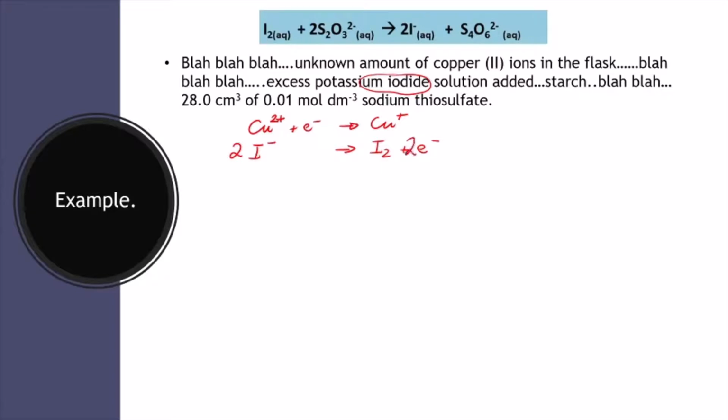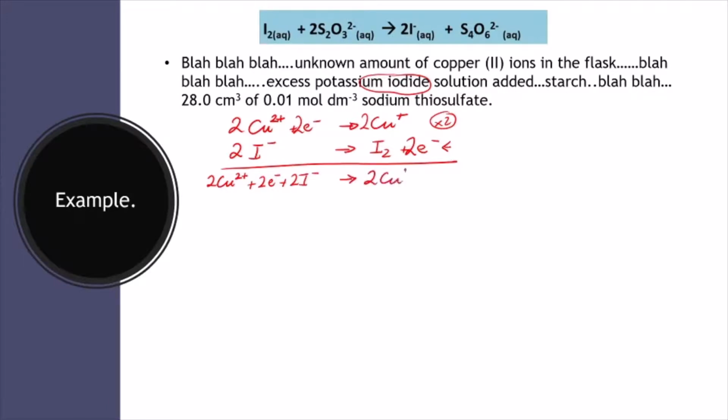So I'm going to generate 2 electrons, and then because I've got 2 electrons on this line here, I'm going to have to double up the top to give me 2 electrons being used. Okay, so if I double everything up on the top, add those together, we should get the reaction that kicks this thing off. And again, I'm not putting the state symbols in just because I'm working on a writing screen that doesn't give me a lot of fine control on my writing.